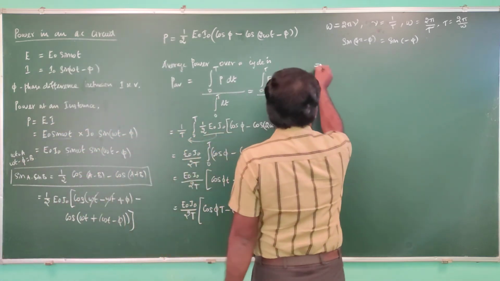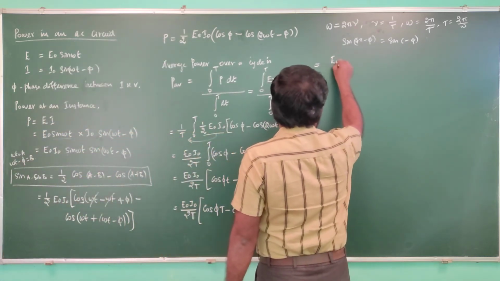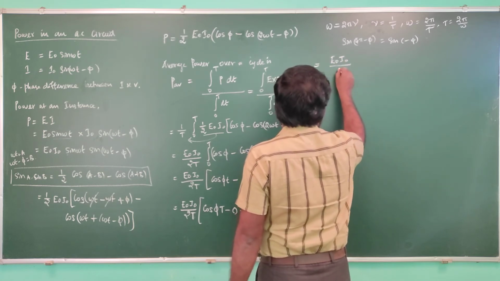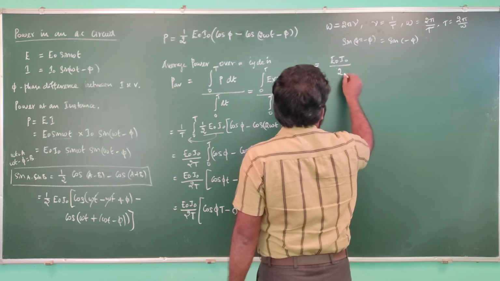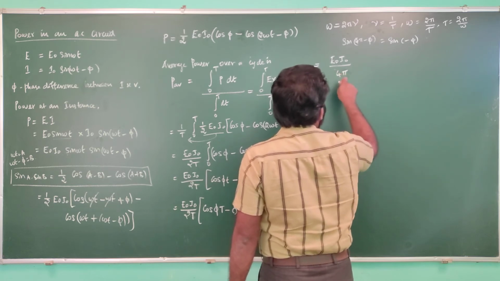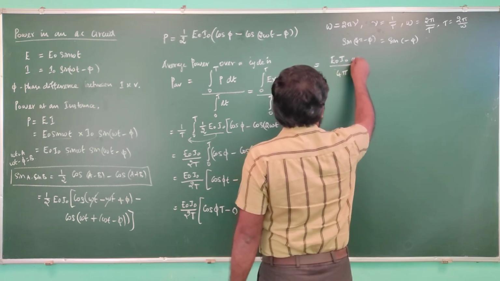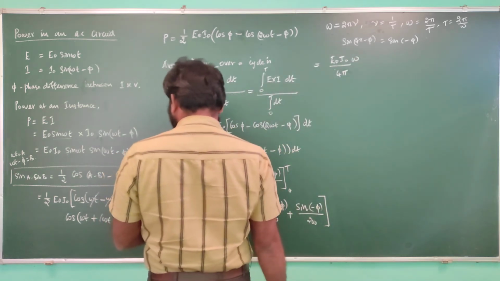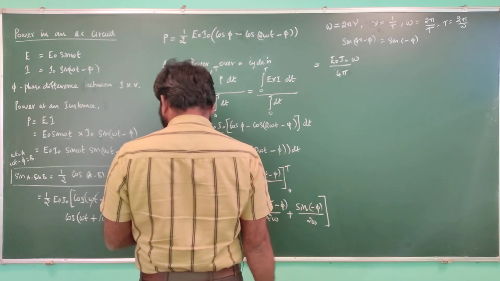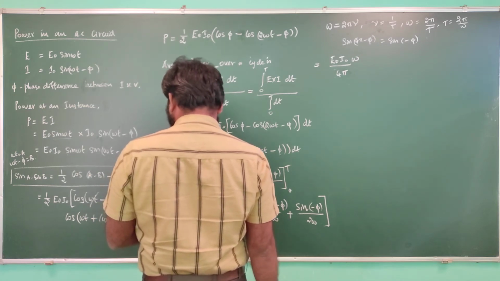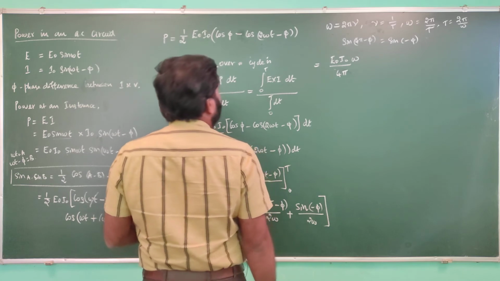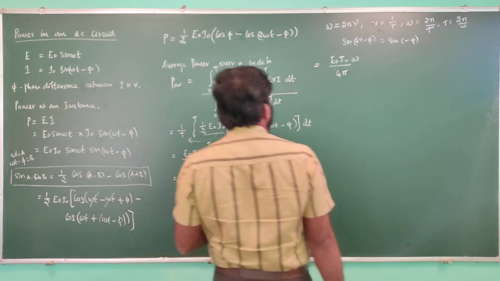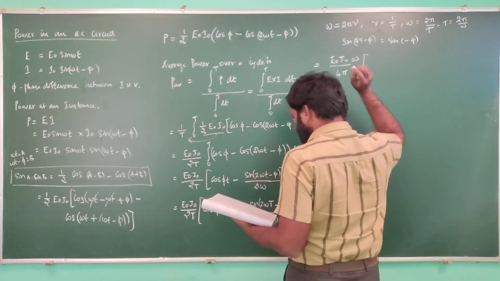Okay, so here E naught I naught by 2 times, so it becomes 4 pi into omega. Then what is inside?